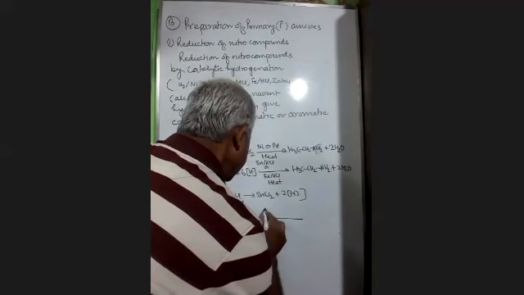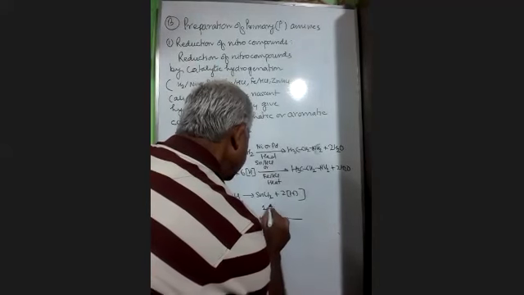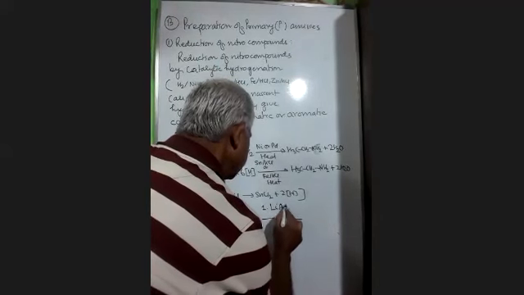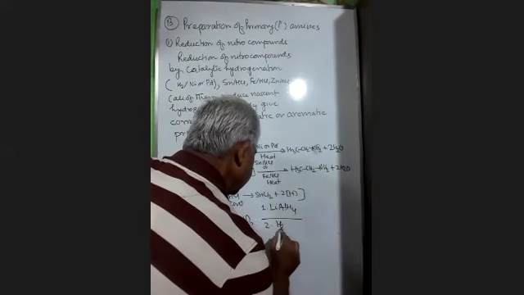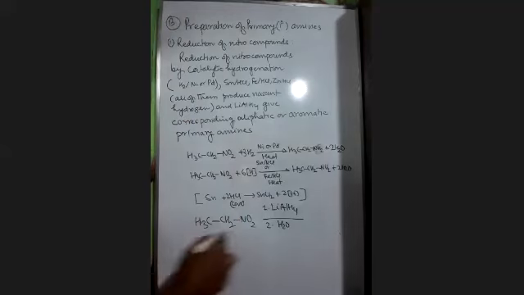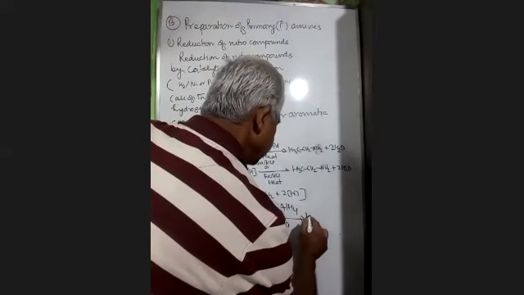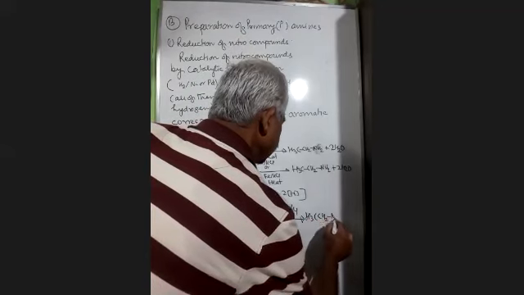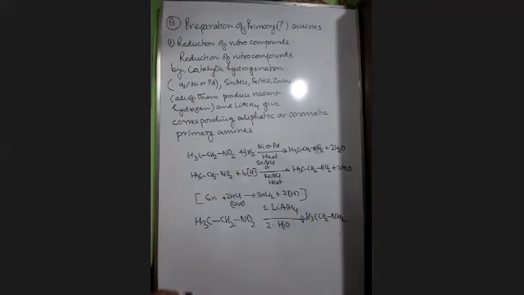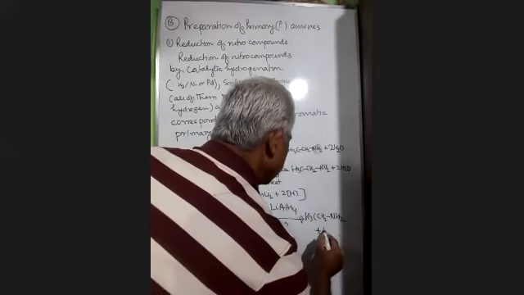I'll simply write: 1, lithium aluminum hydride followed by addition of water. So here you will get CH3CH2NH2, plus it will give you water.